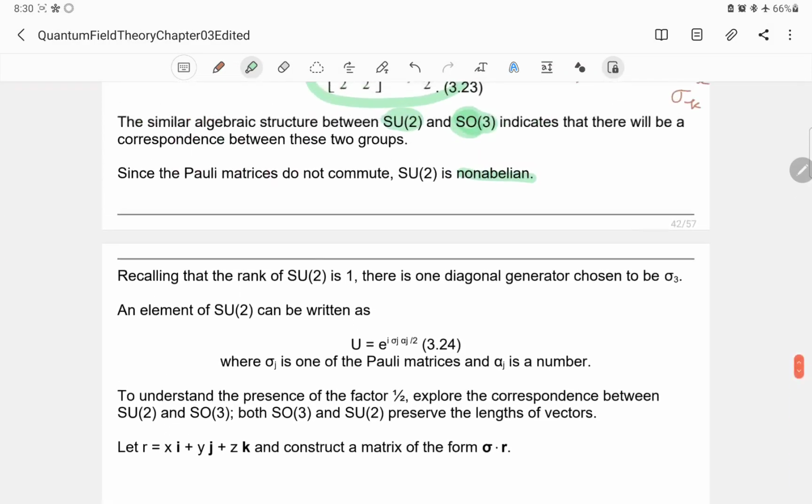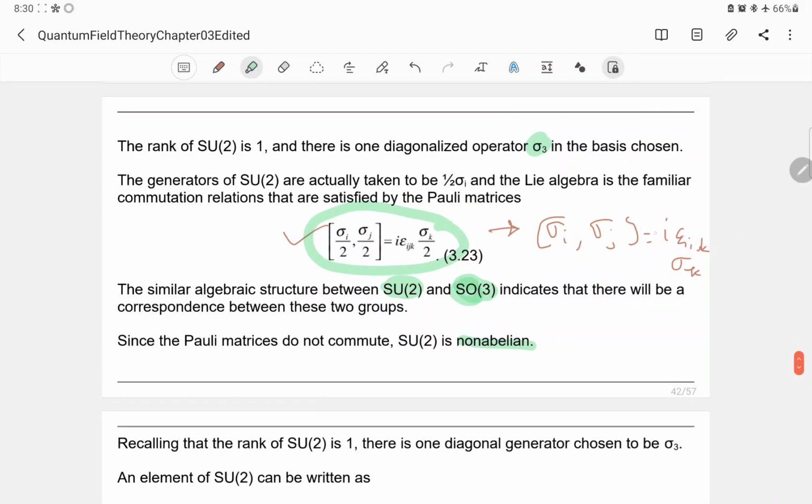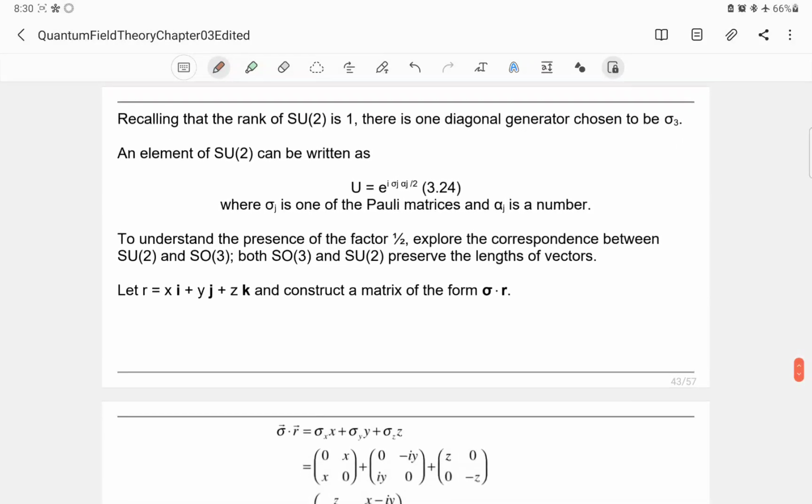Okay, by the way, let's go back. There's supposed to be a factor 2 here. Sorry for that. So anyway, let's proceed. Recalling that the rank of SU2 is 1, there is, as I have said, one diagonal generator, and that is sigma 3.